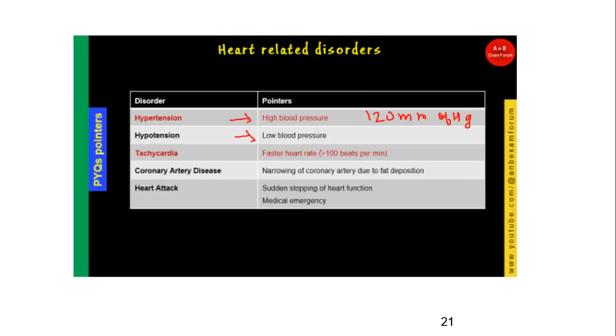Tachycardia means a faster heart rate, more than 100 beats per minute. Coronary artery disease is when the coronary artery going to the heart becomes narrow. Why does it become narrow? Because of fat deposition. And heart attack is the sudden stopping of the heart function.